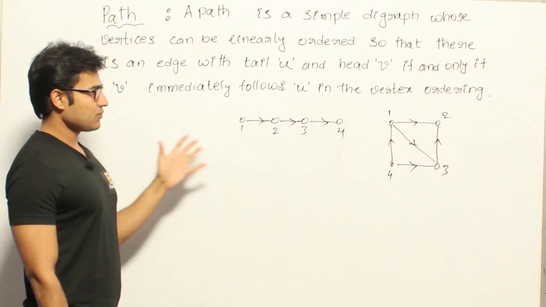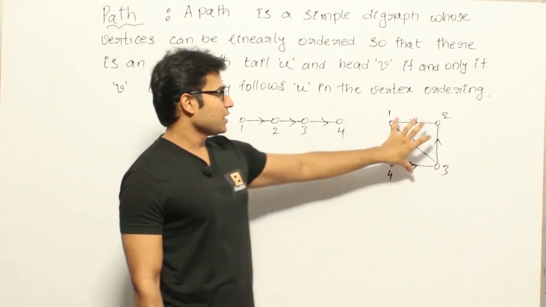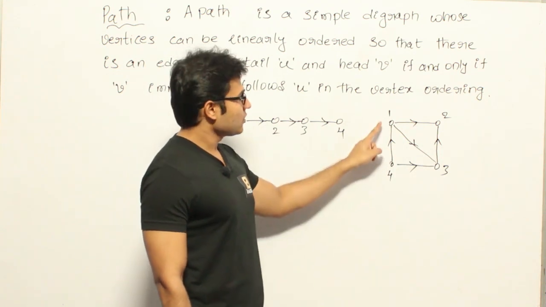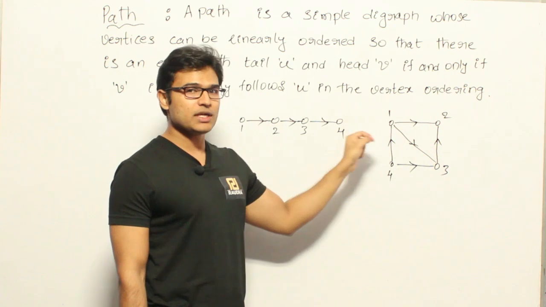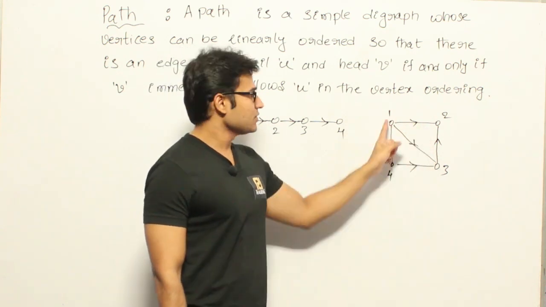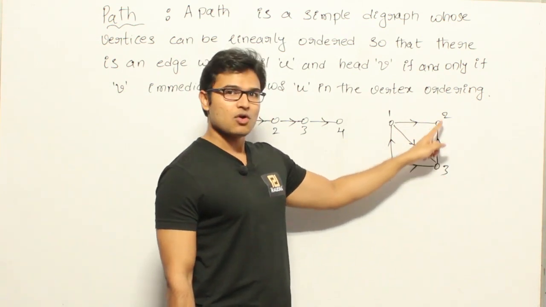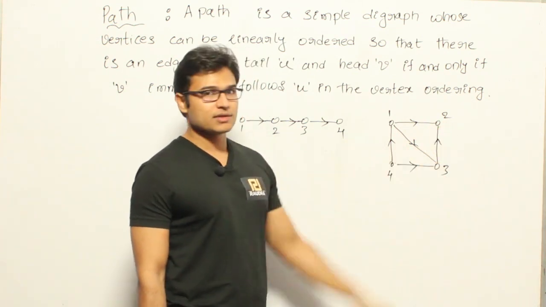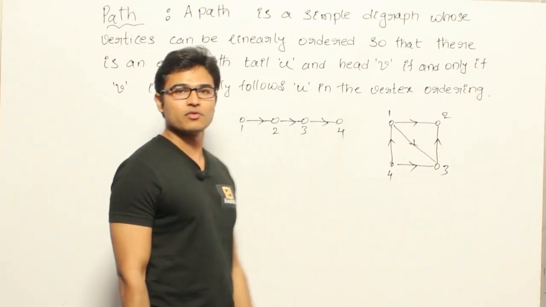If you want to understand what a path is in simple terms, from the graph you choose a vertex. From that vertex you go to the next vertex only if it is a tail and the next vertex is a head. Once you are at the next vertex, from there you go to the next vertex only if this is the tail and the next vertex is the head for an edge. Otherwise you cannot move. That is the meaning of it, right?